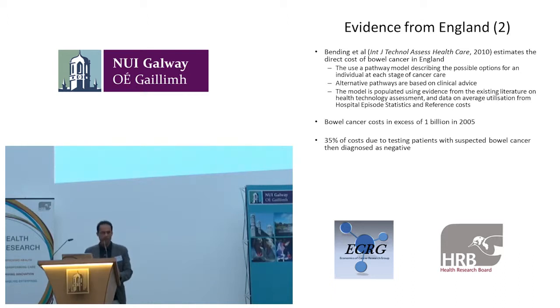The alternative pathways are not observed from the data, but are derived from clinical advice. And then the model is populated using evidence from existing literature and average data on utilization from hospital episode statistics and reference costs.